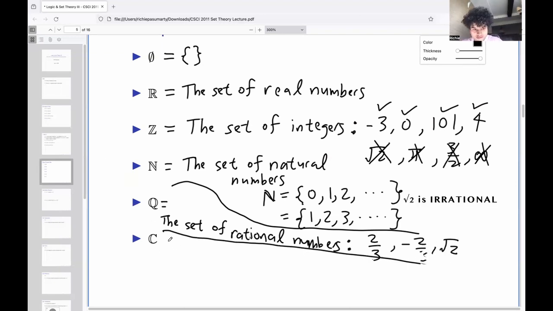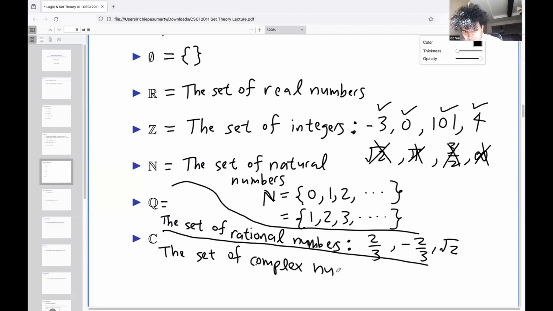C is the set of complex numbers. And complex numbers are numbers which can be written as a plus bi, where a and b are real numbers. So for example, a complex number can be 3 plus 2i.